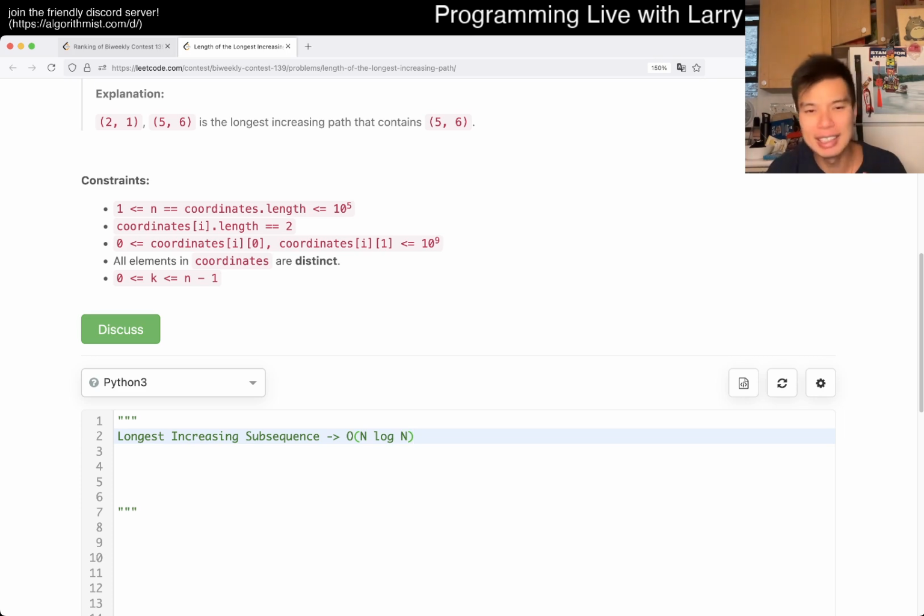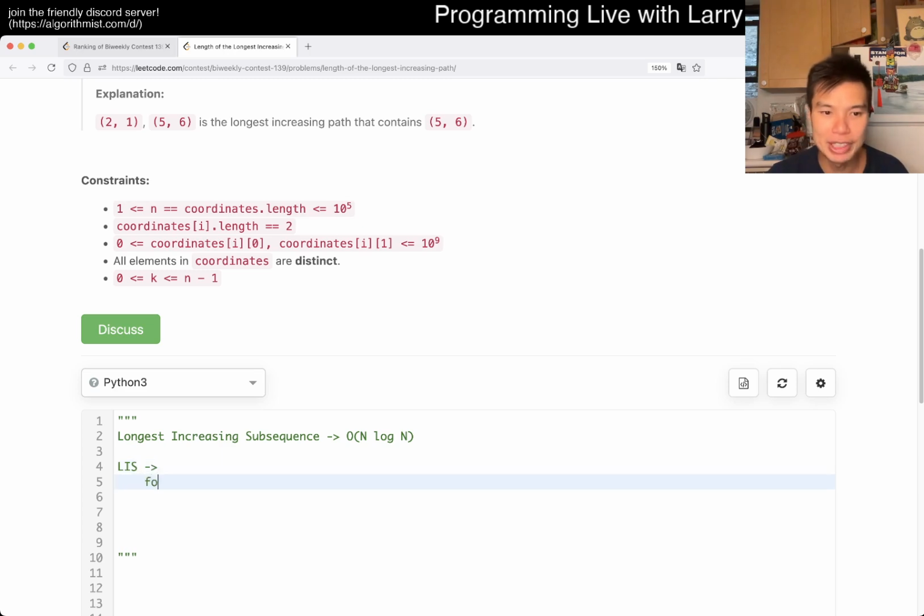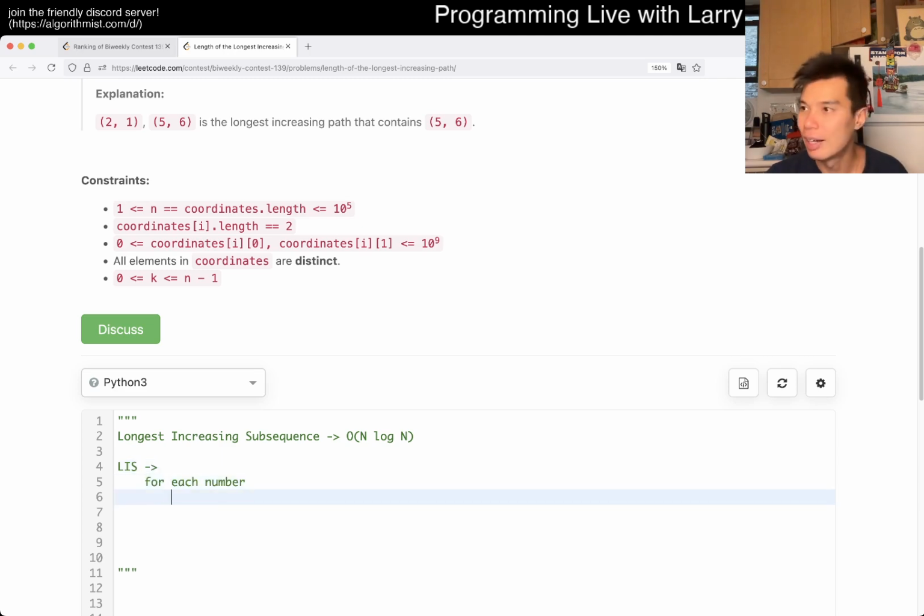And in a way, you can figure out why it's monotonically increasing, and as a result, you can binary search over it. So basically, to summarize, LIS for each number, find the longest path that we can add this number to.